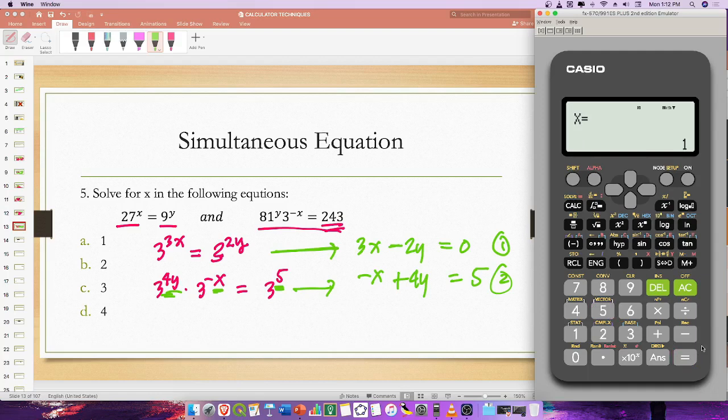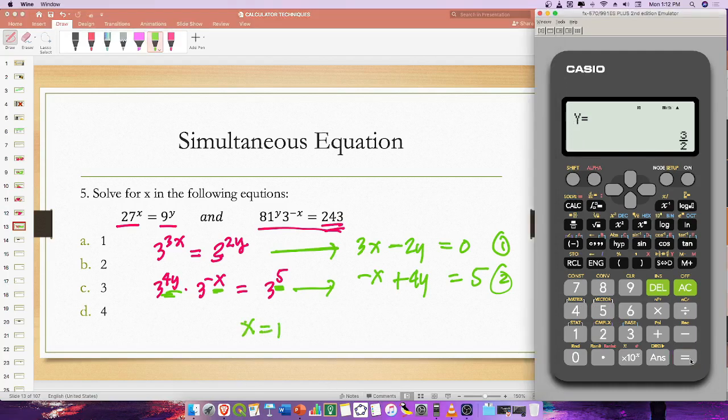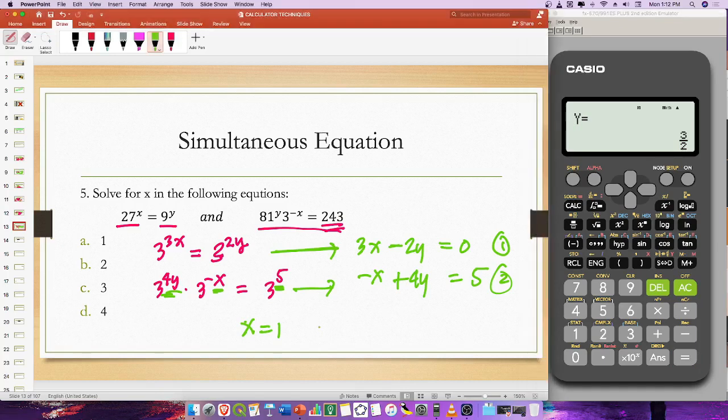The value of x is equal to 1. Press equal again, so that your value of y will be equal to 3 halves. You have two variables here, x and y, but we are just looking for the value of x. So the value of x is x equals 1.